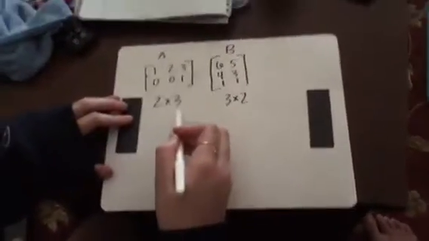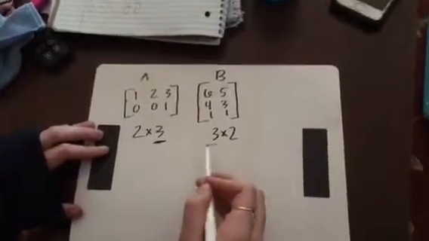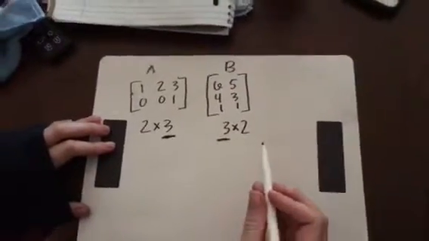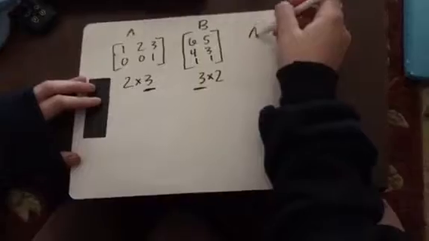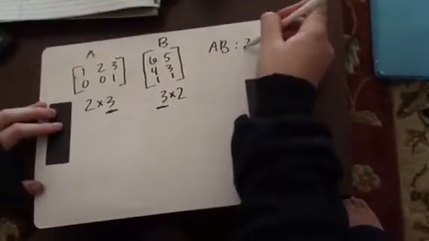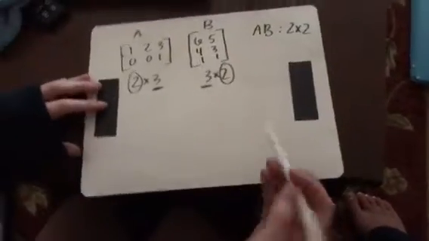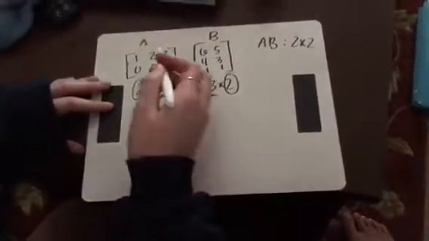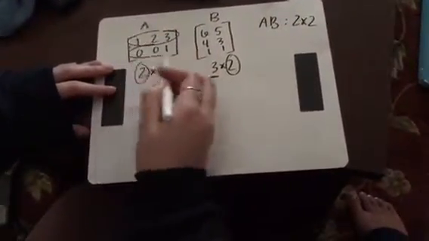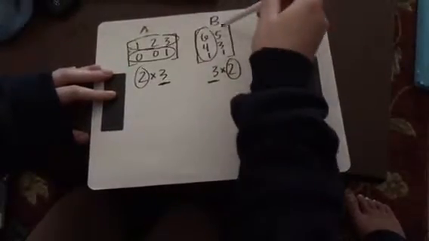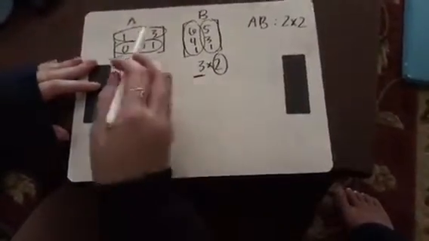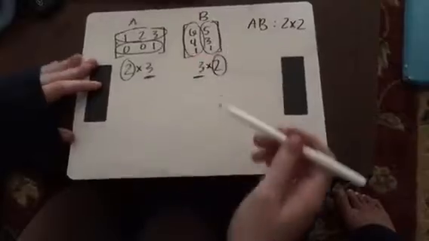Because the columns of A and the rows of B are the same, you can multiply them. The resulting matrix AB is going to be a 2 by 2 because you have 2 left here and 2 left here. When you multiply them together, you separate the rows of A and the columns of B, and then you multiply the rows and columns together.